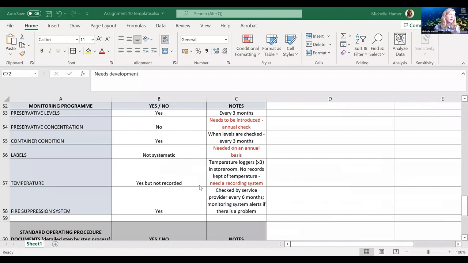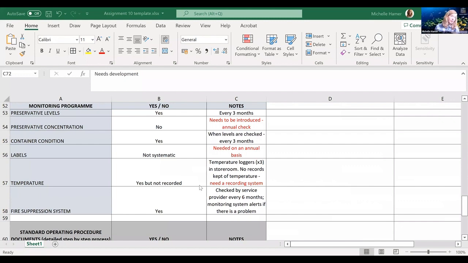Yeah. So, you know, also like the preservative levels, I think are important to check frequently. So I said every 3 months. That's what the manual said. But preservative concentration is not going to change very quickly unless you have a lot of loss from evaporation from your bottles.